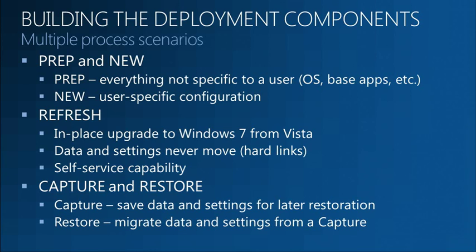The third process we have is a refresh. And this is an in-place upgrade from Windows Vista to Windows 7. Like Joseph mentioned, we use USMT4 with hardlink support for our data and security configurations. The best thing about this is, the data stays on the local drive. It creates restore points for each one of the files.